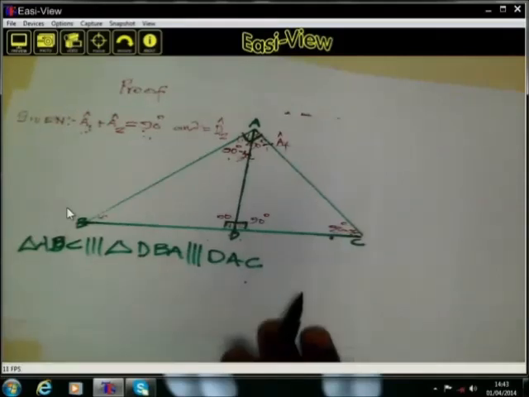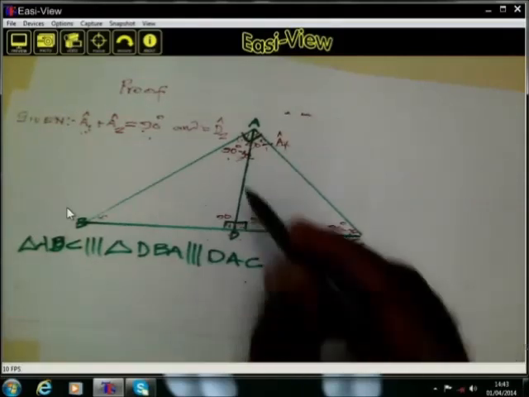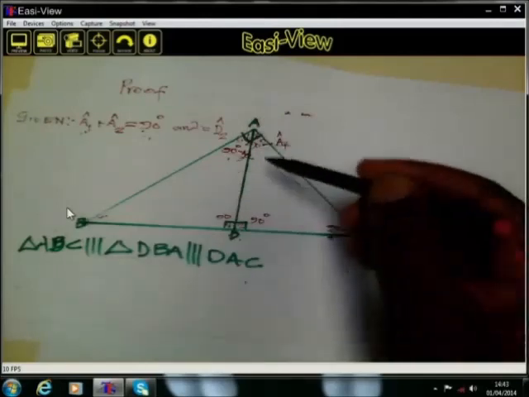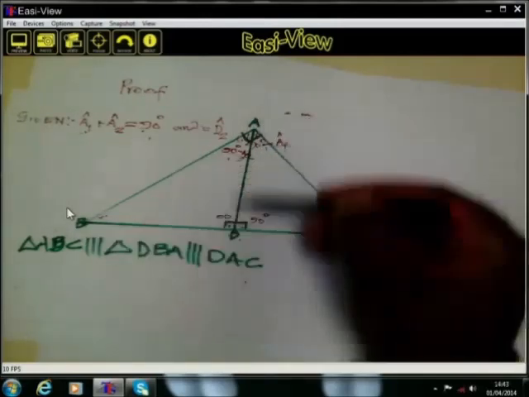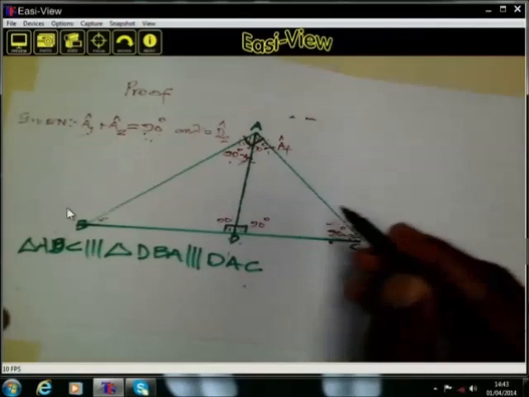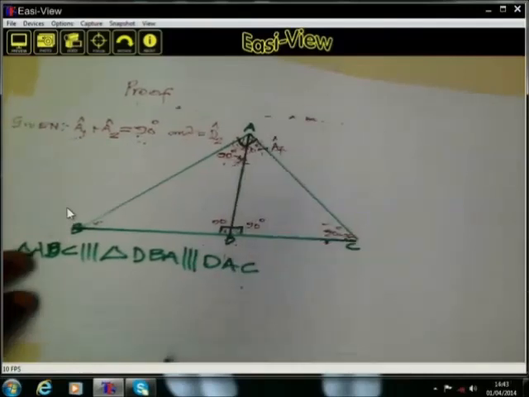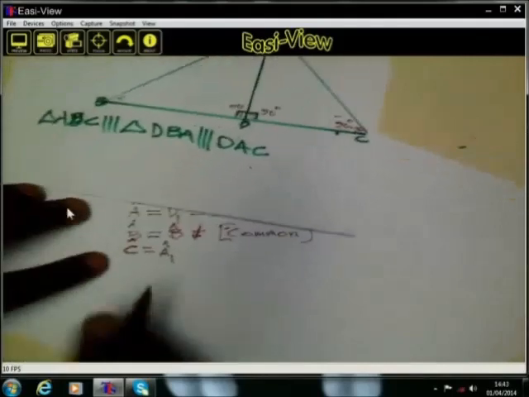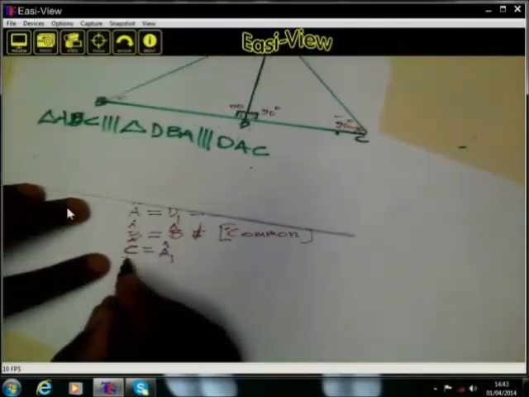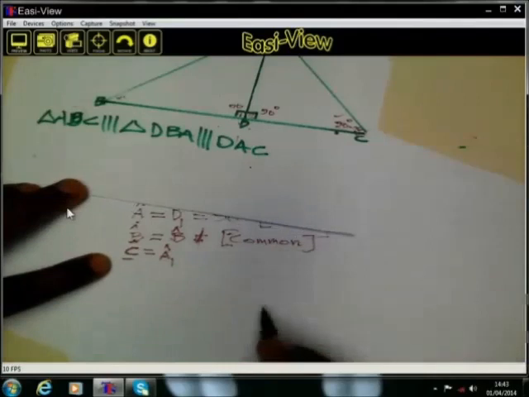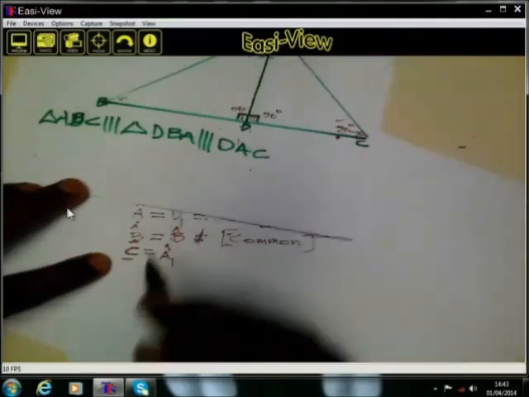So, in principle, what I'm trying to say, if I'm comparing triangle ABC with triangle BDA, when I look at this angle, it must be equal to that. I hope we have captured that. But in terms of this, we are looking at C for this angle, which is equal to A1 for that angle.